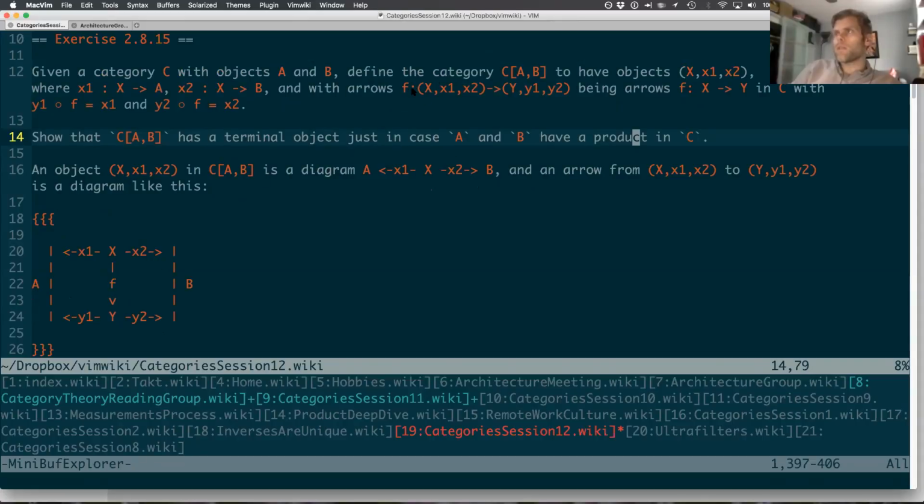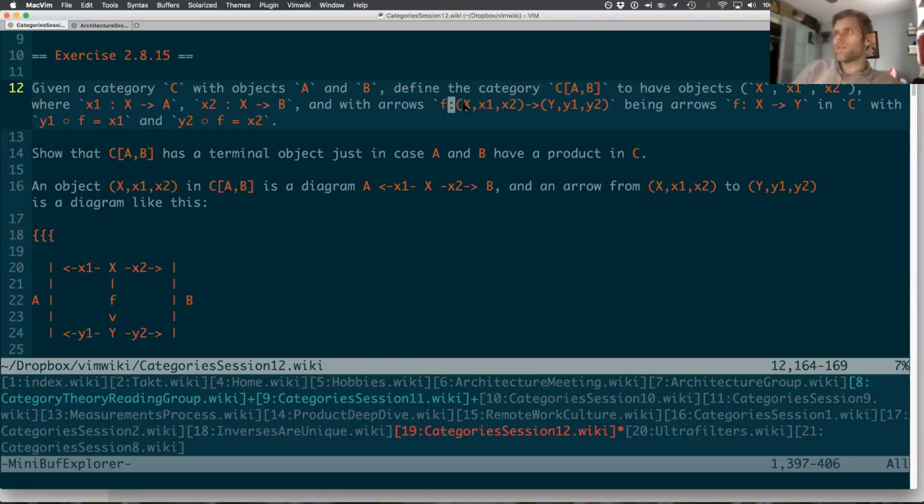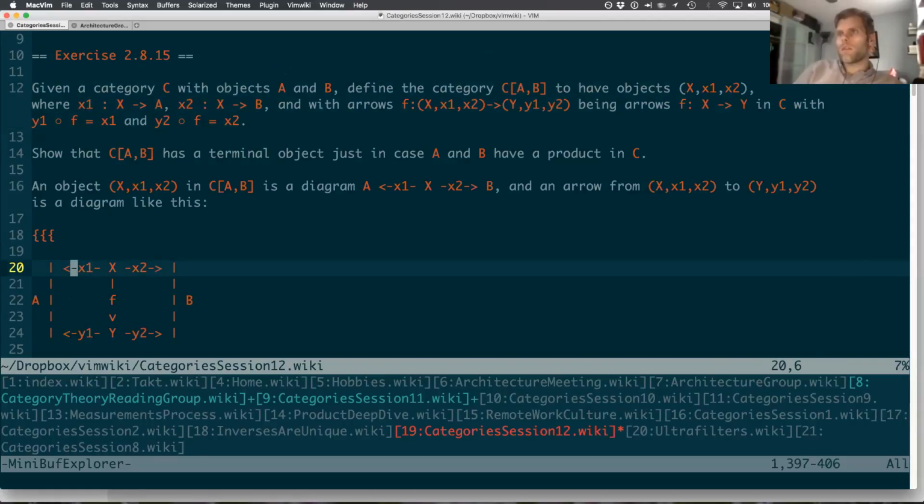So we just take these triplets. X, X1, X2 are triples like this, like at the top of this diagram. So there's some object in C, and there are arrows into A and B, respectively, called X1 and X2. And this here is an object in the category C sub AB.